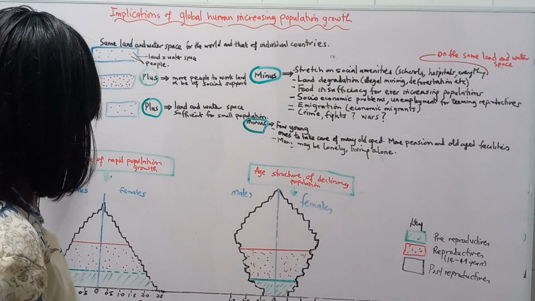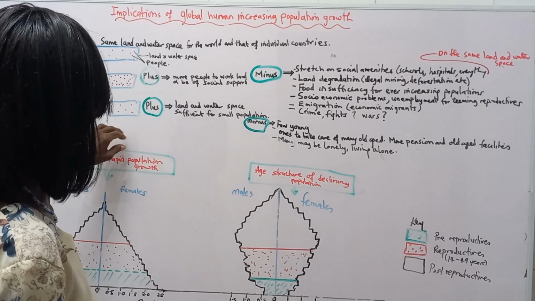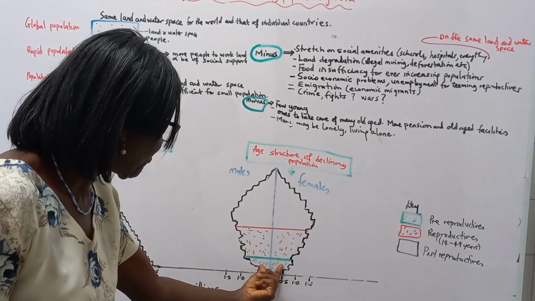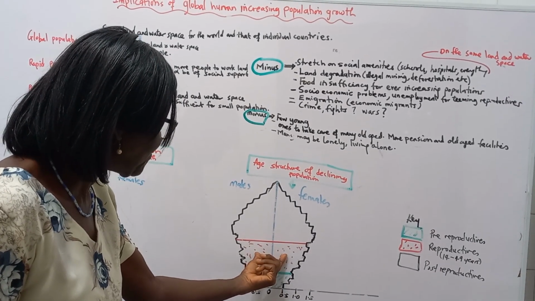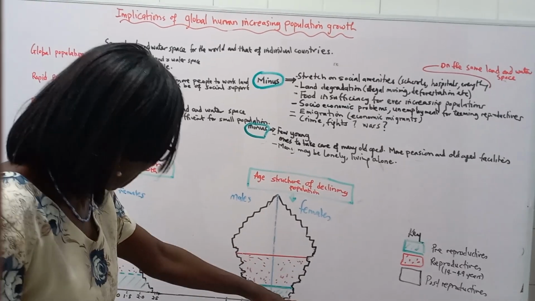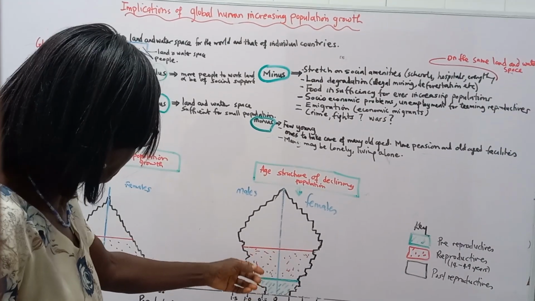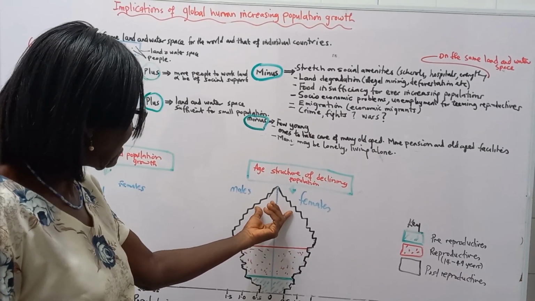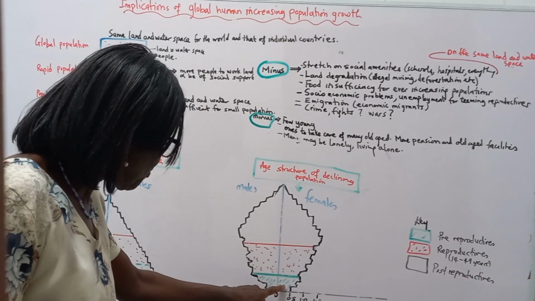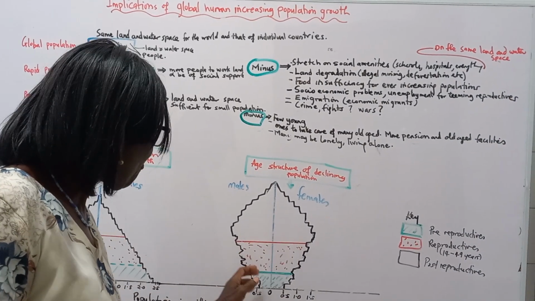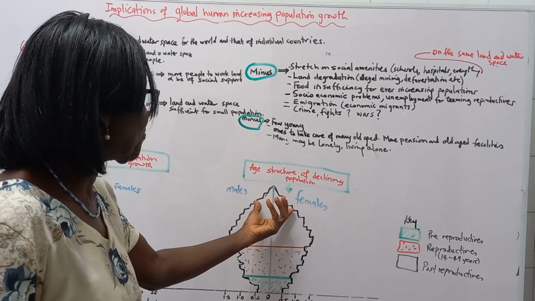Then what are the implications for declining populations? Like this one with a small base, it has very few pre-reproductives and few reproductives. These reproductives are producing to have more babies to fill this space. Meanwhile, they are growing to become old-age post-reproductives. And so these few young ones, pre-reproductives and reproductives, are supporting these huge post-reproductives.